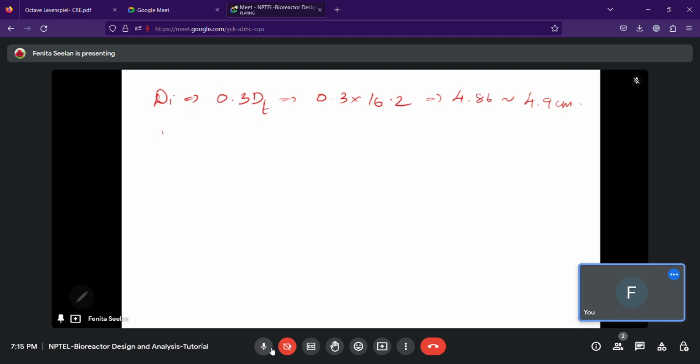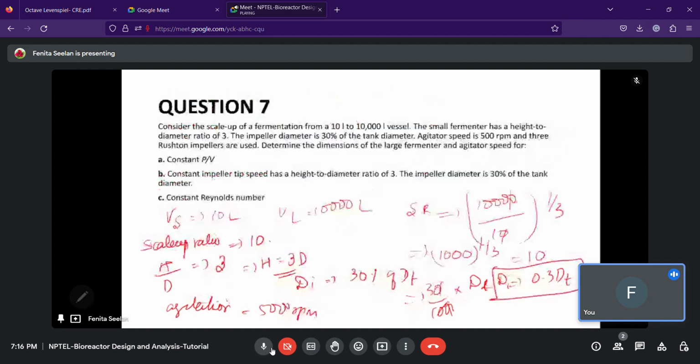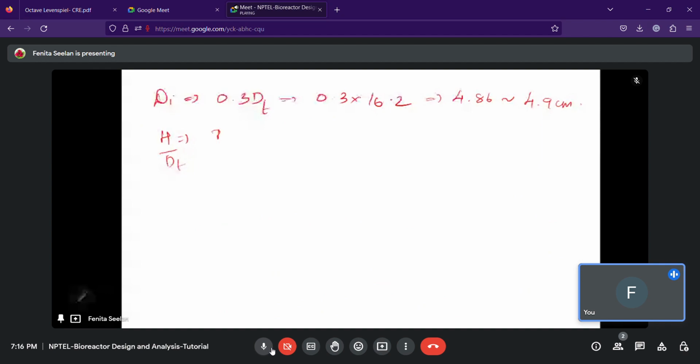Your height, how do we calculate? H by D is given as 3, right? So you just found your dt value. So H is equal to 3 into 16.2, which will be 48.6 centimeter.